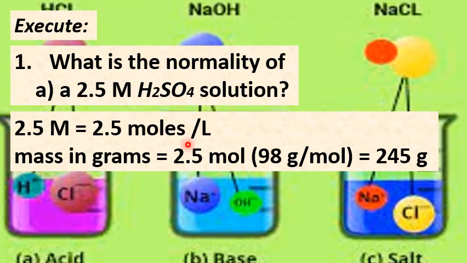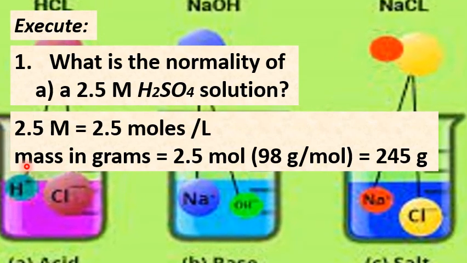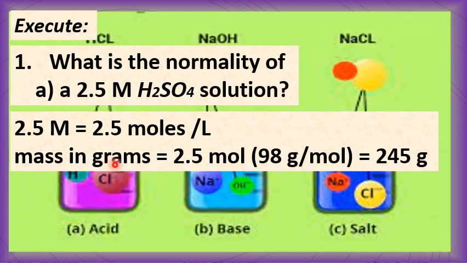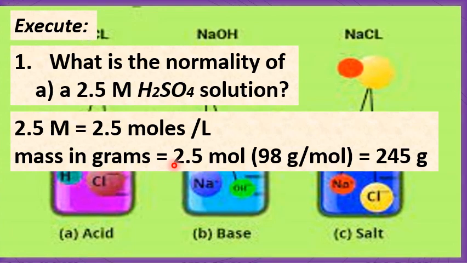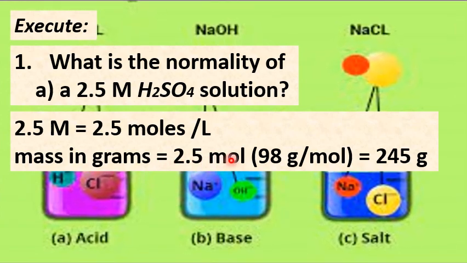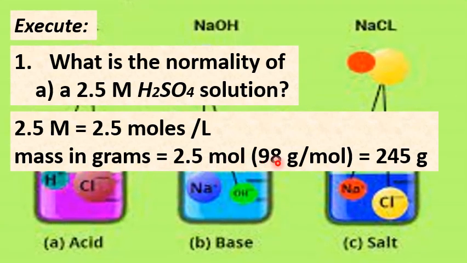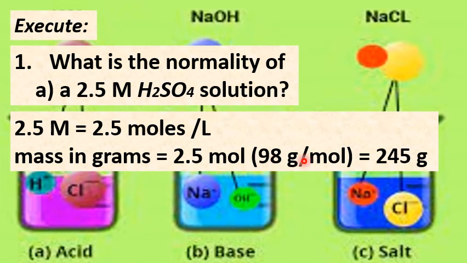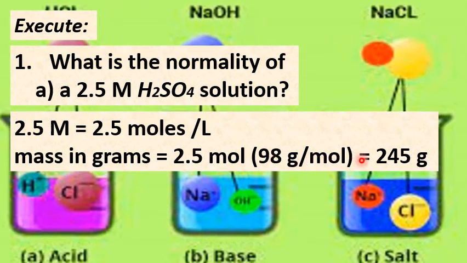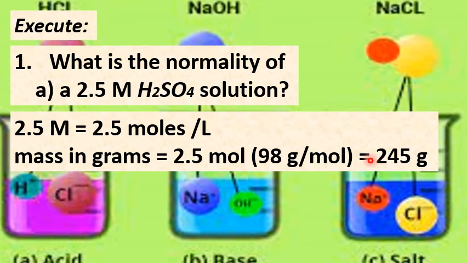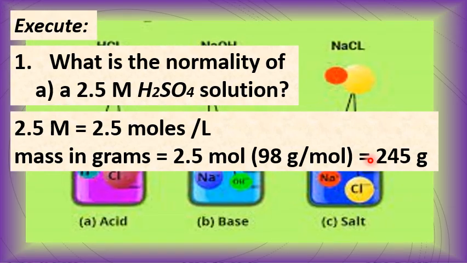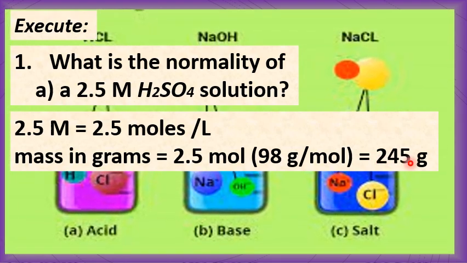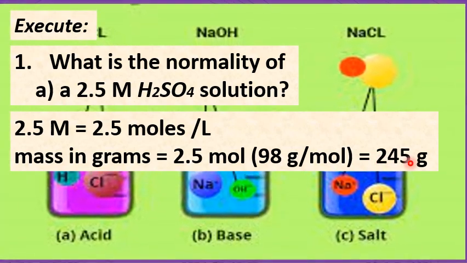So, we can determine the mass in terms of grams. That is, 2.5 moles is simply multiplied by the molar mass of sulfuric acid, which is 98 grams per mole, right? So we will get the mass of sulfuric acid equal to 245 grams.